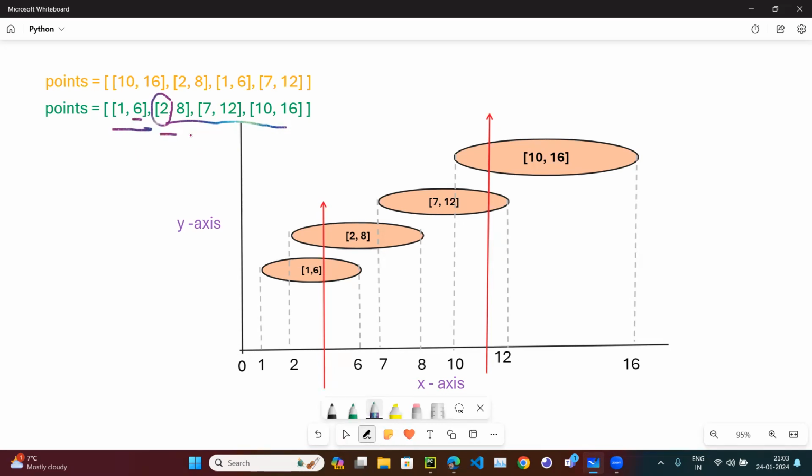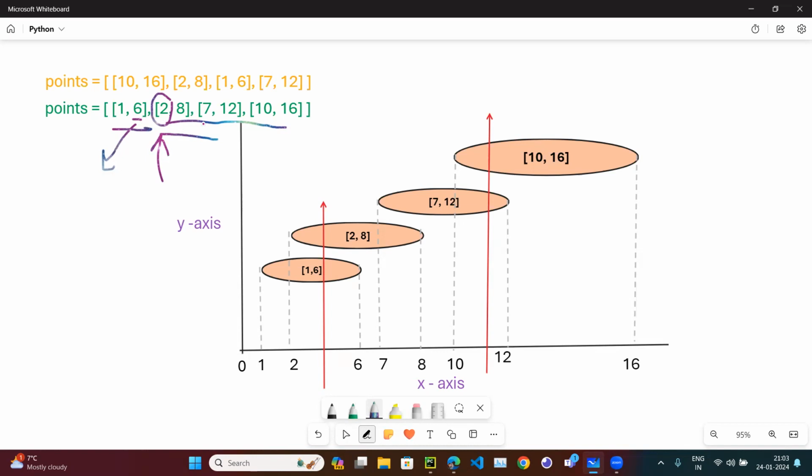Because we are running the loop from here, we store this end point in another variable. Starting point 2 is less than 6. Yes. If 2 is less than 6, it means it is overlapping and can be burst, so we don't need to increment the arrow.